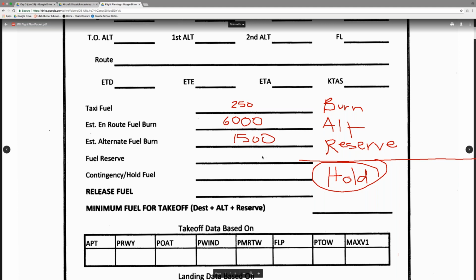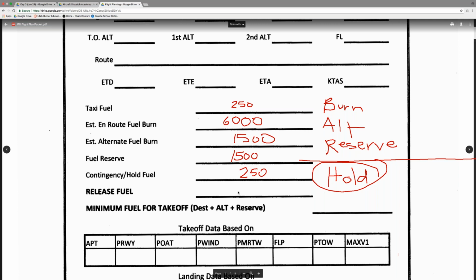Our fuel reserve, 45 minutes, right? And I believe 45 minutes equates to, I think that's 1,500 as well, if I remember right. We'll go over this when we're doing our flight planning. And then we add another 15 minutes of hold fuel or contingency fuel.